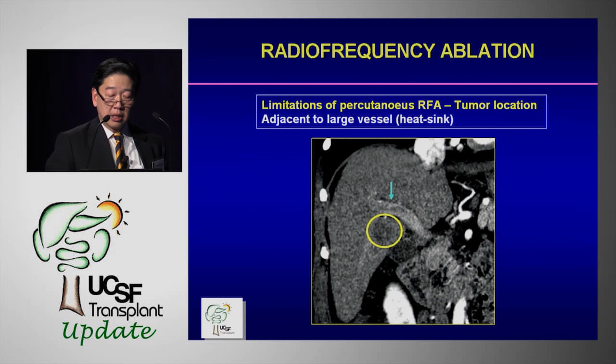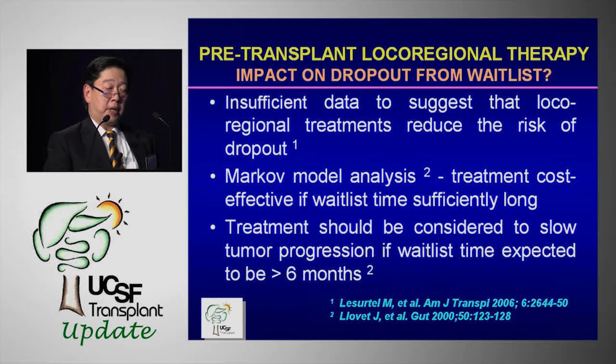Okay. So what do we know now about the role of local regional therapy? I personally really think that there's a benefit, but there's just no level 1 randomized controlled trial that we can do to establish that. So there's still insufficient data to confirm this benefit of reducing the risk of dropout from the waiting list.